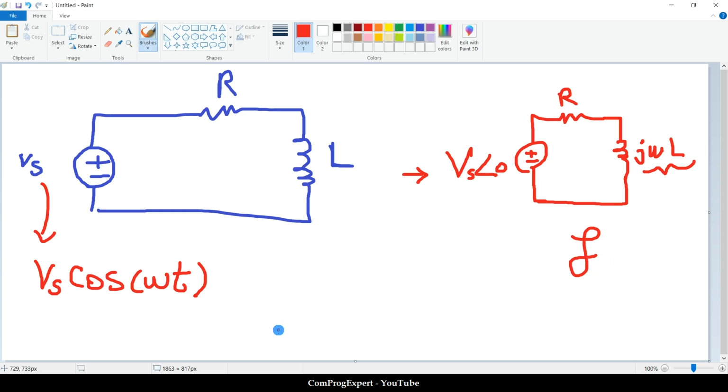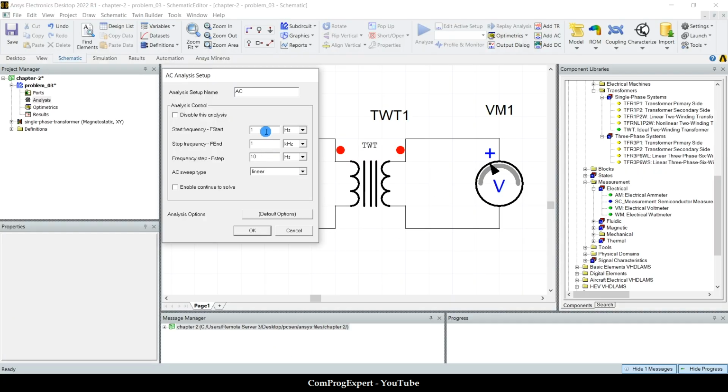So in ANSYS Electronics Desktop also we can sweep over the value of the frequency, solve this circuit and monitor the value of quantities. So here you can specify the start frequency for the analysis, and this is the stop frequency.